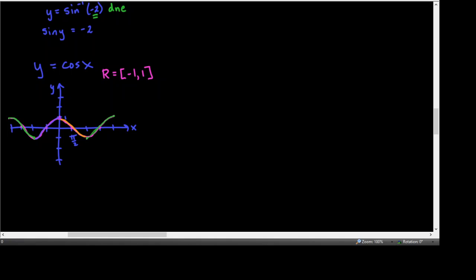Given equally good choices where for the purple one x is negative, or for the orange one x is positive, we're going to choose the positive x values. And so that means that our domain restriction that we're going to choose goes from 0 to pi, inclusive.